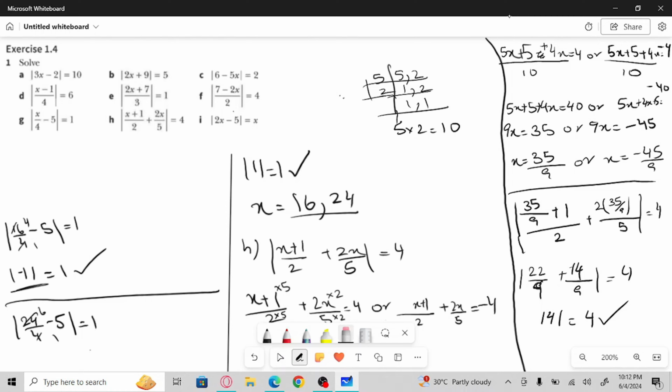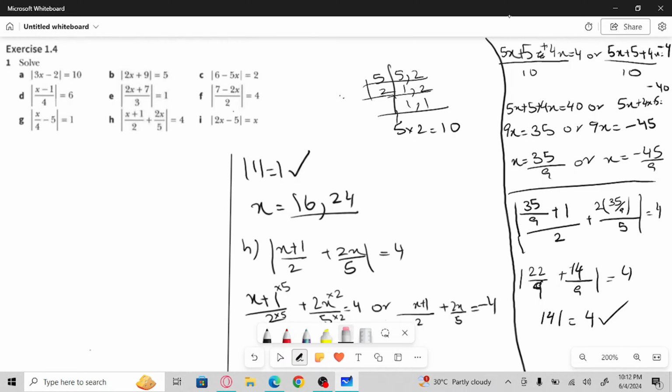So let me raise the space for the next solution. Again, the second value was minus 45 upon 9, so minus 45 upon 9 divided by 2 plus 1, and plus, oh sorry, just remove this modulus, plus 2 multiplied by minus 45 upon 9 divided by 5 in a modulus should be equal to 4.